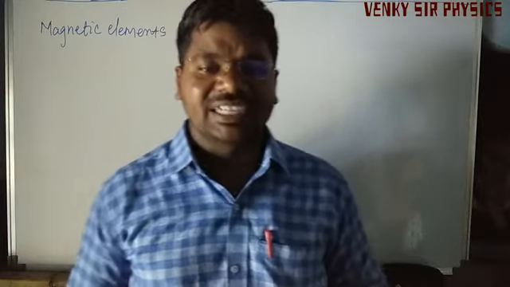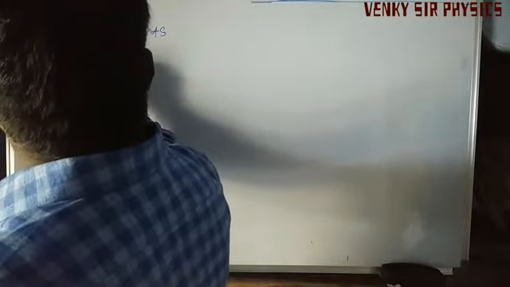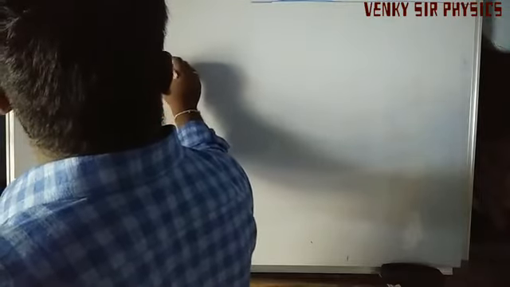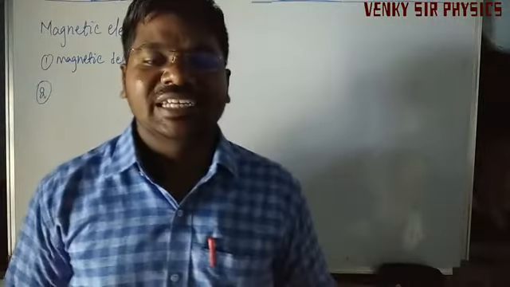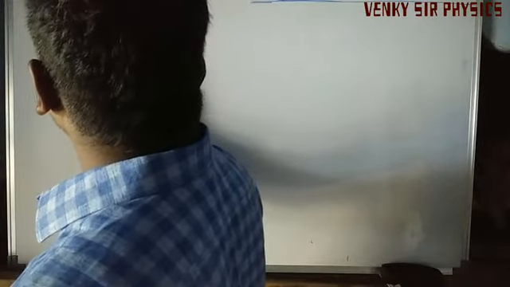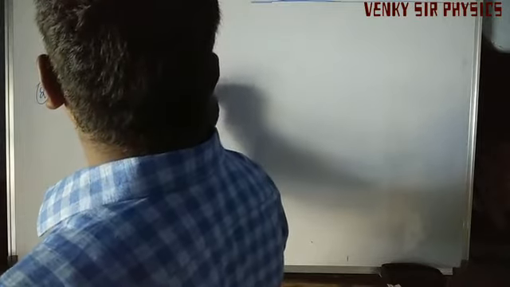First one, magnetic declination, denoted theta. Second one, magnetic inclination, denoted delta.